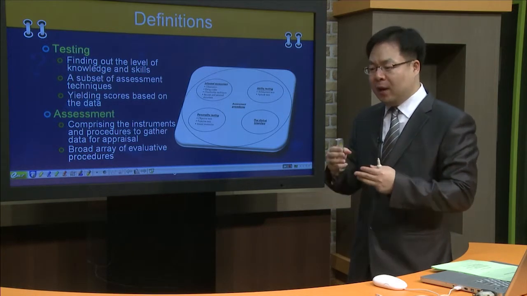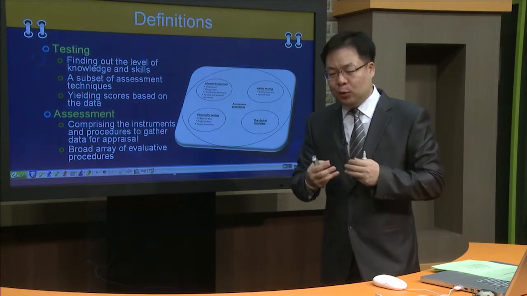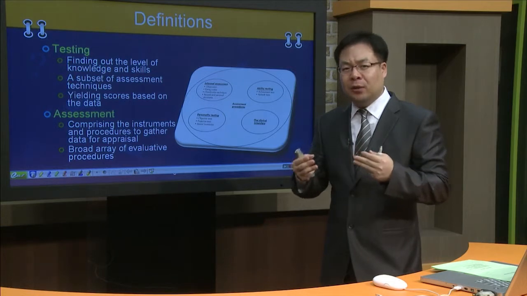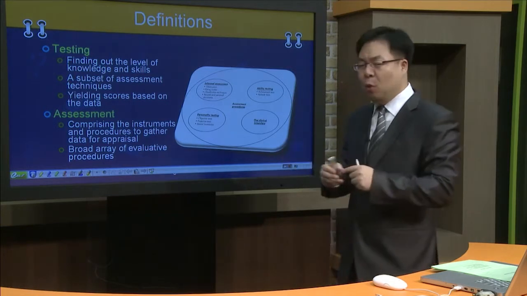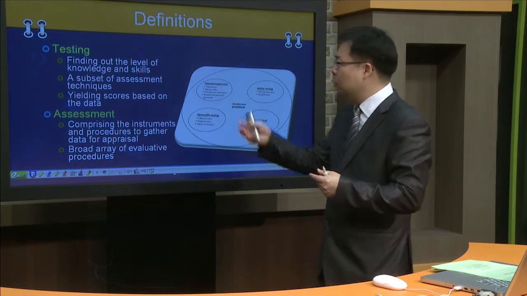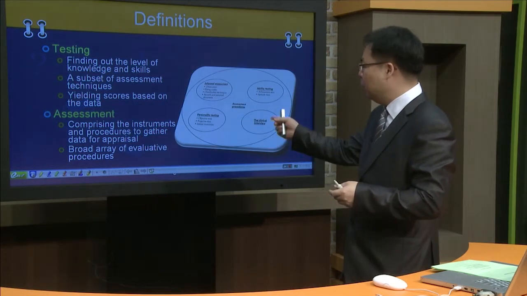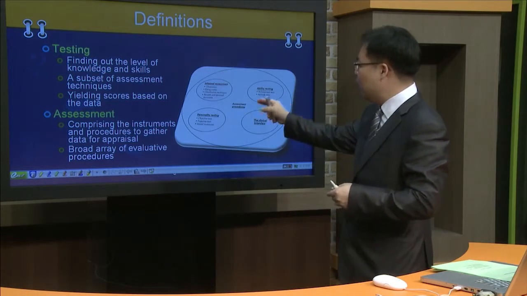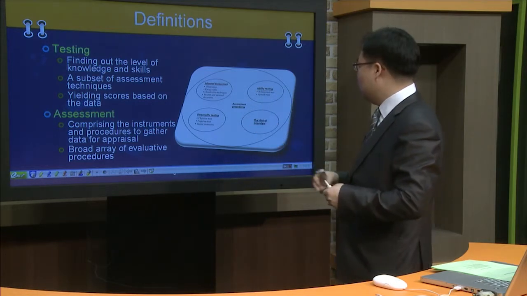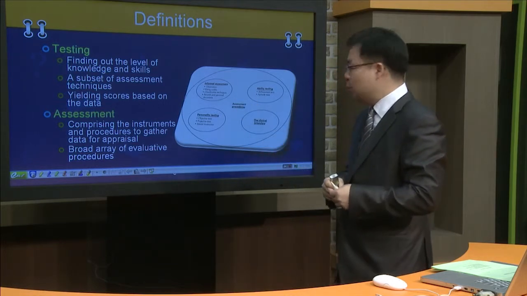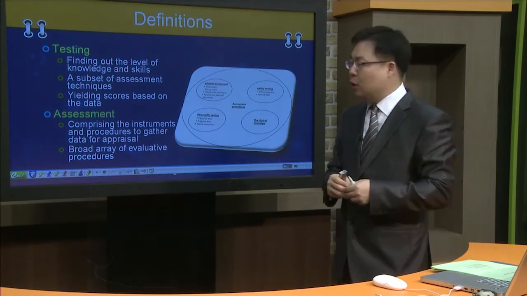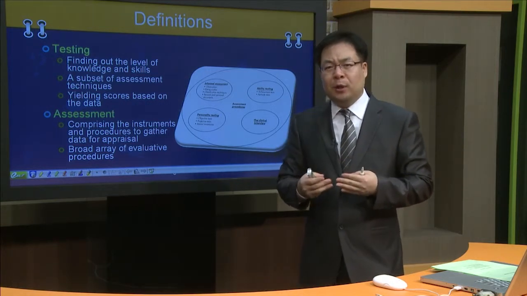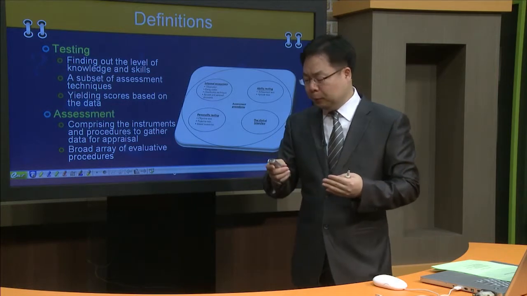For example, after measuring the score, we have to interpret it and consider some other factors. So assessment is a more comprehensive term compared to testing. If you look at the figure again, the assessment procedure includes different types of testing, and also informal assessment and even clinical interviews. So assessment is a more comprehensive and broader concept compared to testing.